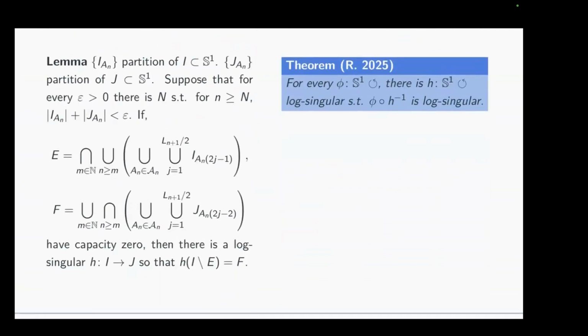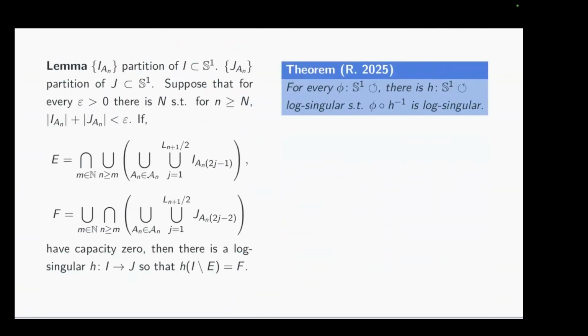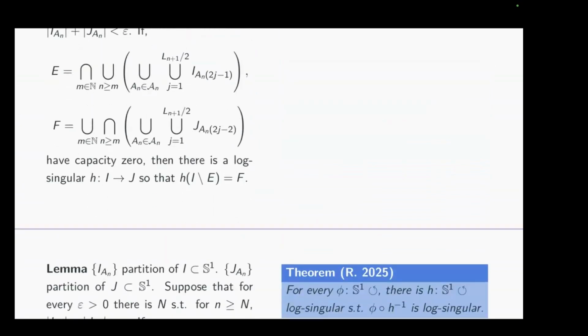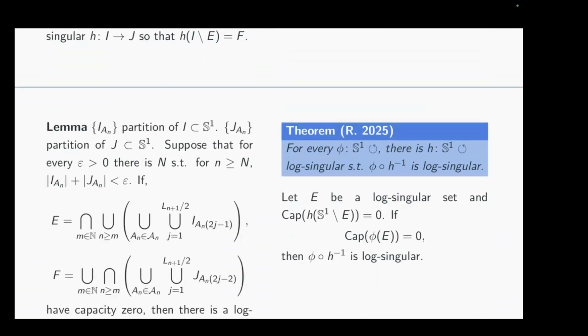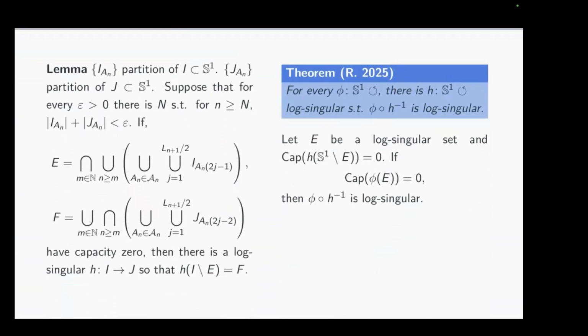And let me go back to my theorem, which is that for every circular homeomorphism, there is a log singular map, so that this mapping here is log singular. And what I say is the following. So what I'm doing now is revisiting what helped us before when we were proving the composite.